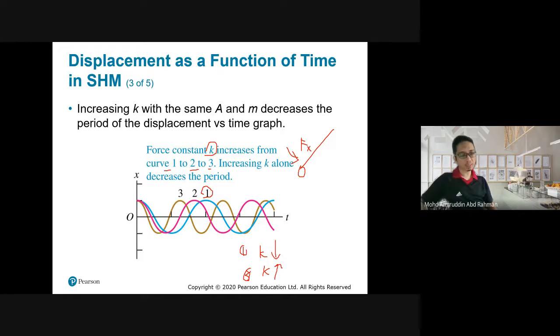When K increases, we have a smaller period. When we have a smaller period, it means we have a bigger frequency. So that's the relationship. But over here, we still remain our amplitude.